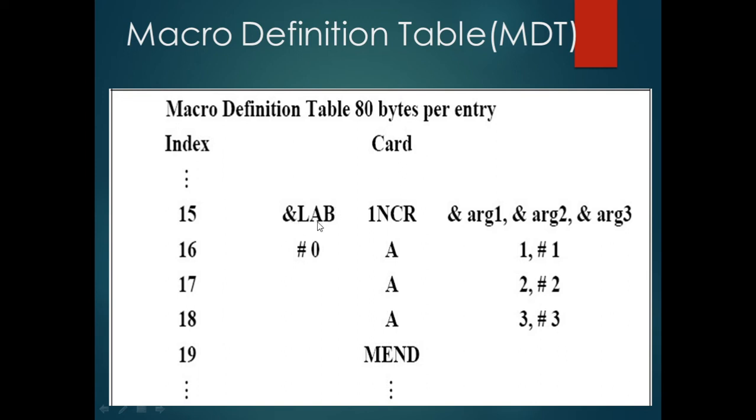Whenever a definition is stored in the macro, ampersand will be prepended to any argument. There are four arguments, hence this is the first argument, ampersand label, incr is the name of the macro, ampersand arg1 is the data 1, ampersand arg2 is the data 2, and ampersand arg3 is the data 3. Now we will see what is this hash 0, 1, 2 and 3.